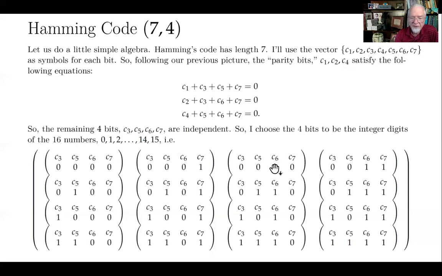This is 2. This is 3. Oh, I was counting wrong. I thought it was 4 and I was confused. Okay. So 1 plus 2 is 3. So it works. All right. So these are all the binary representations of the possible codes that could be sent down the channel.